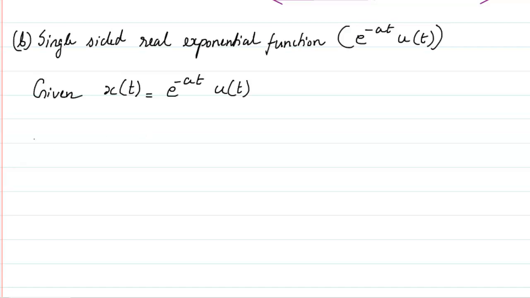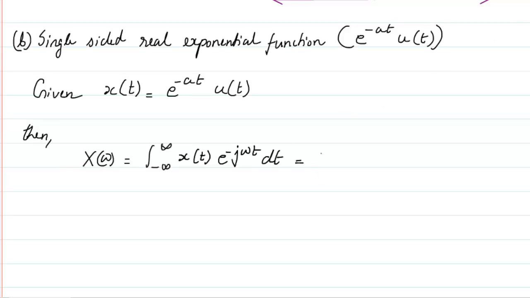Next, we will find out through the equation what is x of omega, which we write as the integral from minus infinity to infinity x of t e raised to power minus j omega t dt, where x of t can be substituted as e raised to power minus a t u of t e raised to power minus j omega t dt.